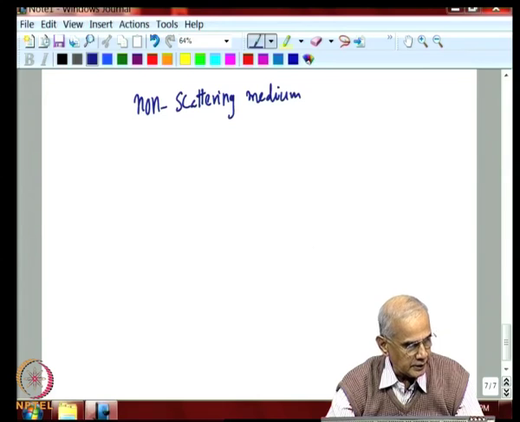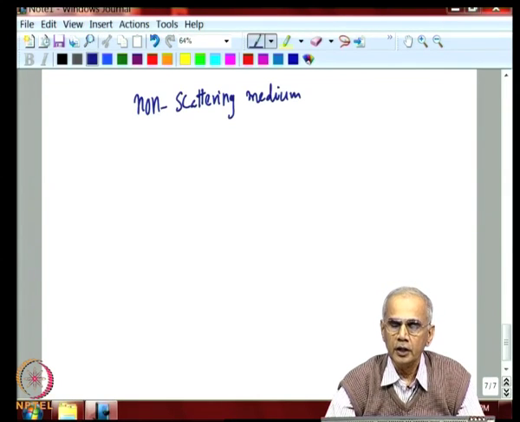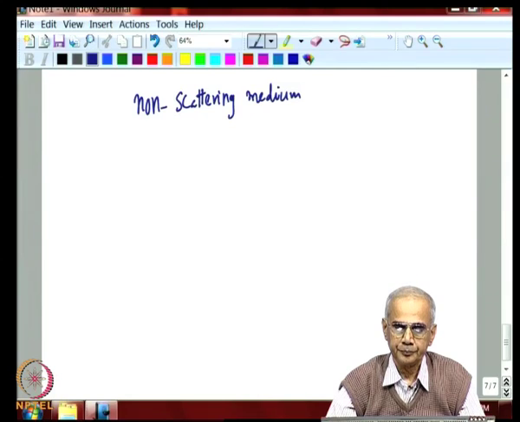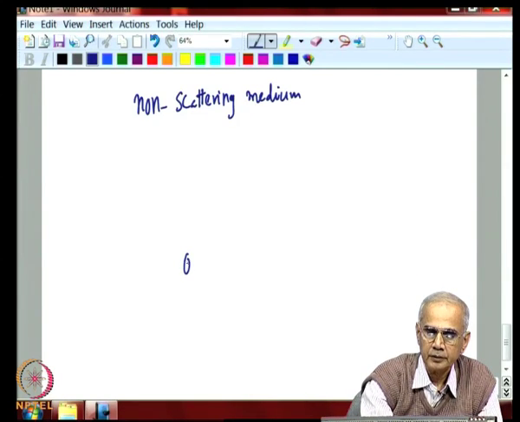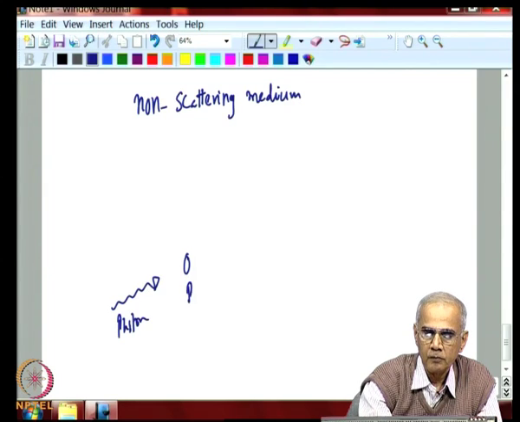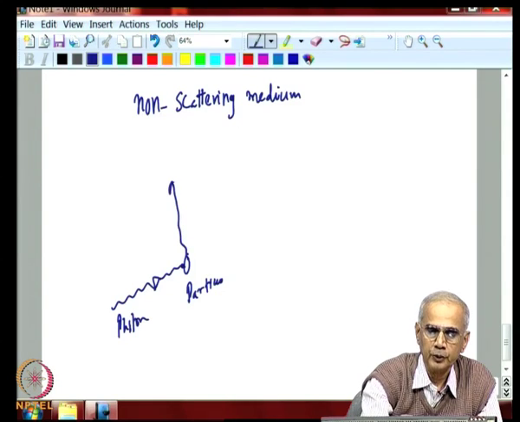The reason why scattering is treated near the end of these lectures is because it makes life very complicated. A photon which is traveling in one direction encounters a particle, and that particle now changes the direction in which the photon is going.